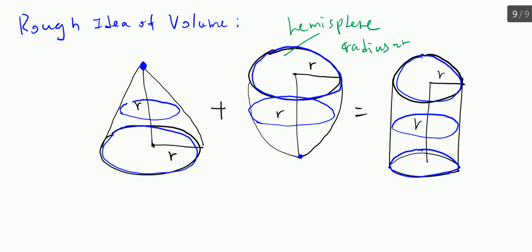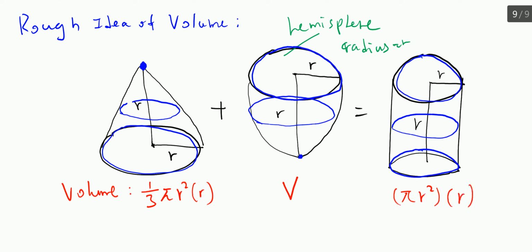If you understand the volume of the cone, I just write down the volume of the cone, which is 1/3 pi r squared times r. We want to know the volume of the hemisphere, V, and we know that the volume of the cylinder is pi r squared, the base area, times the height.